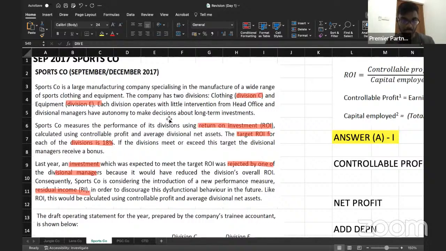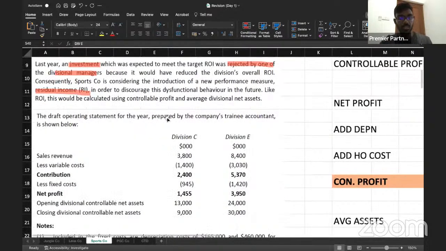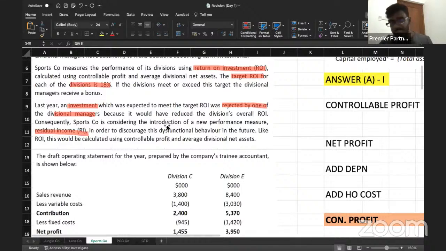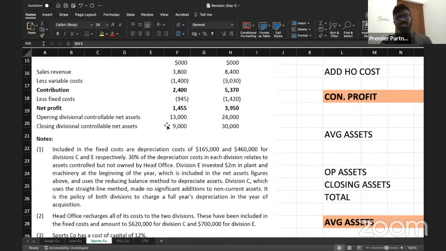Do you understand that? Even the other question that we did in class had a lot of information. The answers were pretty basic. You didn't have to think a lot. Even here, you're looking at the same thing. Are we clear?